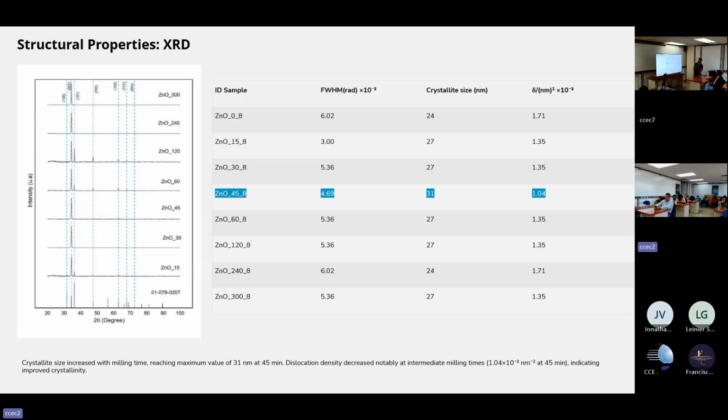The dislocation density decreases markedly in the 30 to 60 minute interval, reaching its minimum for ZnO milled at 45 minutes, at 1.04 by 10 to the minus 3 nanometers to the minus 2.